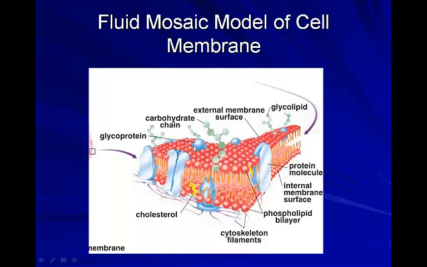We call those glycoproteins. Some carbohydrate chains are attached to lipids. We call those glycolipids. Glyco refers to the sugar component, and the lipid refers to the lipid component. So you see all sorts of different recognition molecules, regulation molecules, receptor molecules, all embedded in this phospholipid bilayer that allows the cell to communicate with the outside world and also regulate what goes in and out of it.